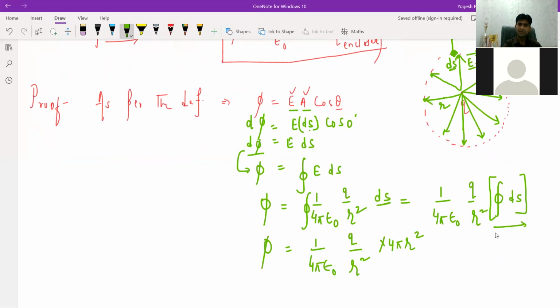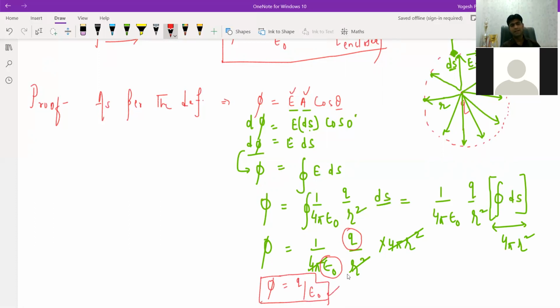The 4 pi and r square cancel out, and you get phi equal to q upon epsilon naught. This is the proof of Gauss law. We have proved that the flux phi will be equal to q upon epsilon naught.